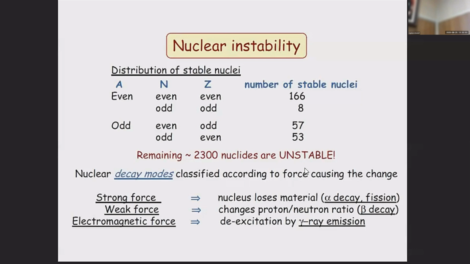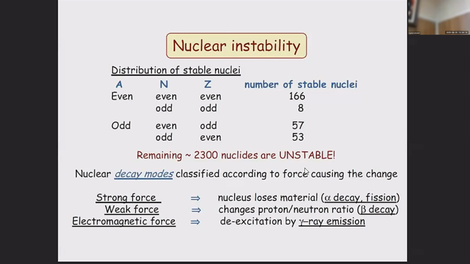Therefore, they decay, basically. That means they are excited or unstable. Therefore, they either decay through alpha and beta, changing not only the energy but also the mass, or through gamma rays they become stable.